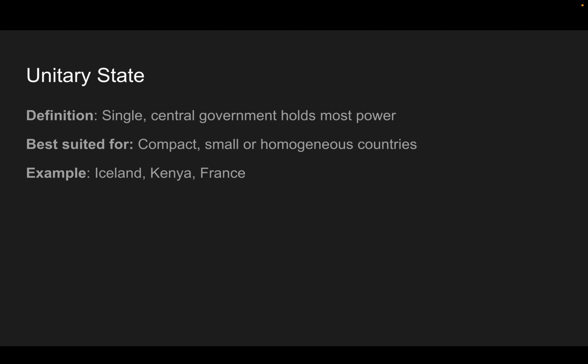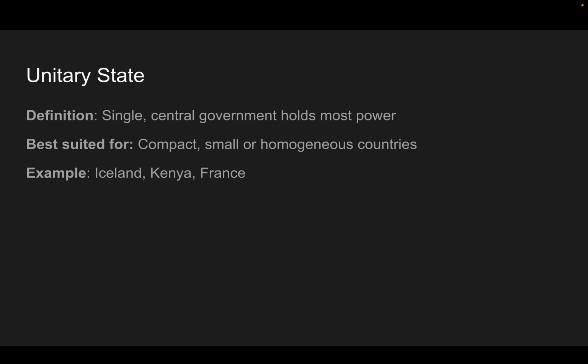It could be a dictatorship, authoritarian. It just means that the central government holds most of the power. They might have some provinces, and those provinces have some local self-government, but there is less power devolved to those lower regional or local units.